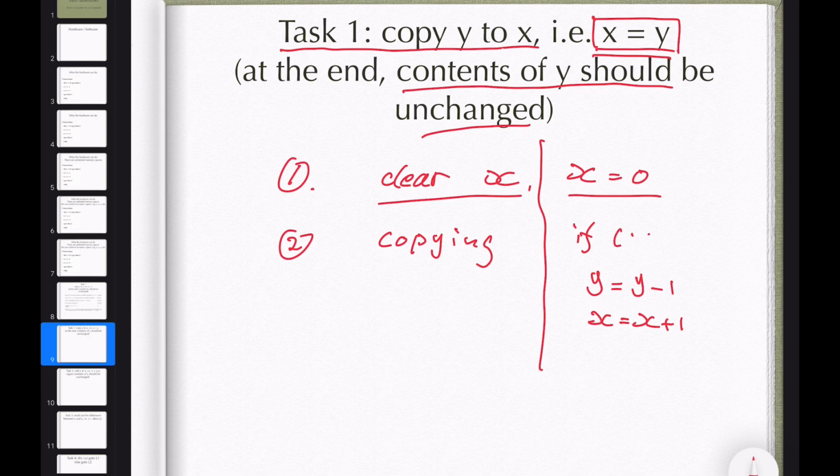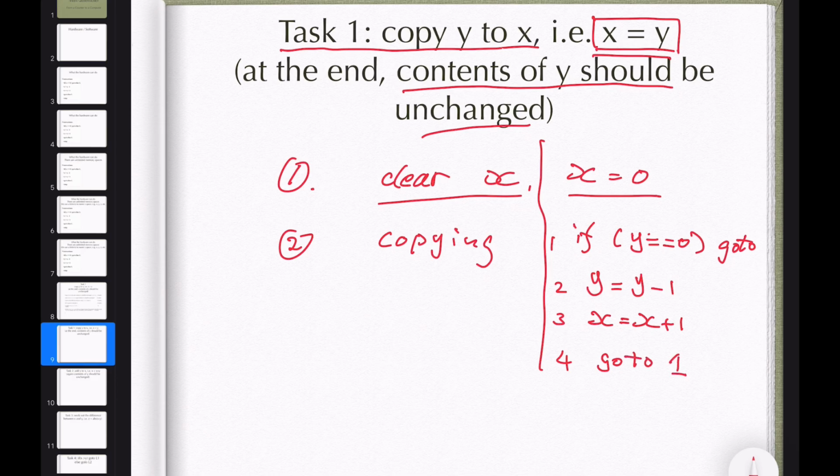You can loop it until y is empty. Here we should go to the end of the code, probably line 5. Let's just call it 1, 2, 3, and that's a 4. Go to 1. Okay, so that's it.